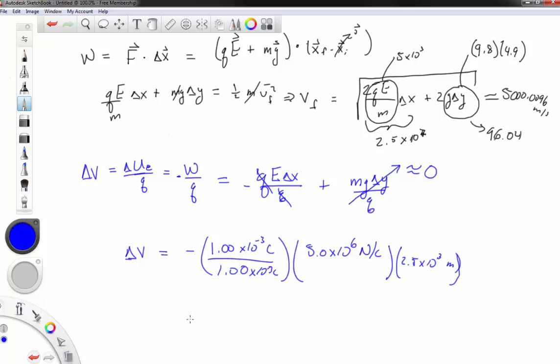If we multiply all that together, we get that the potential difference across which it has moved is 1.25 times 10 to the 10 volts, and that's actually a negative because, again, the electric field has done work on this particle, so it has in fact lost potential energy and therefore is sitting at a lower potential than what it started at.